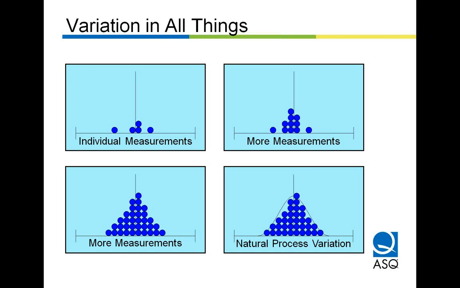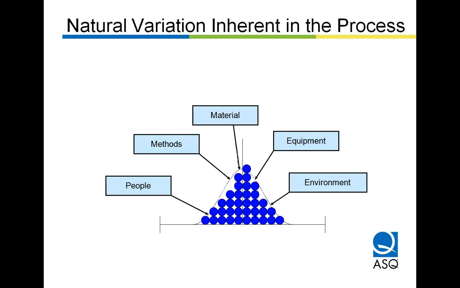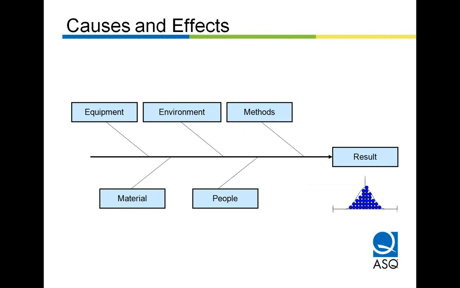How much variation exists in this given process? And if we wanted to describe it, we might think of the causal factors, the people, the methods, the material, and so on, and we could even put that into a cause and effect diagram where the effect, the result, is this much variation. And these are the causal factors that could be detailed out.